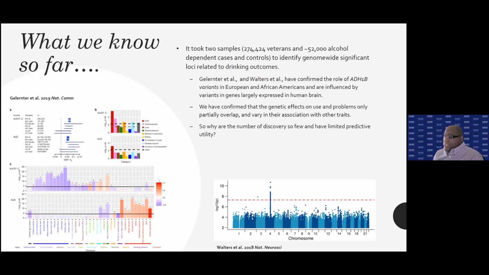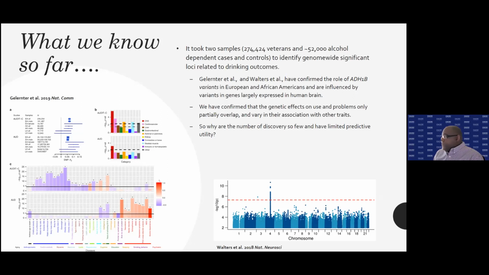In the last 2 years, we've gone from having just one locus to now over 20-odd loci just for drinking behaviors. What's interesting from these studies is that we've also been able to confirm what was identified years earlier in model organism studies for the role of alcohol and aldehyde dehydrogenase variants for drinking behaviors.